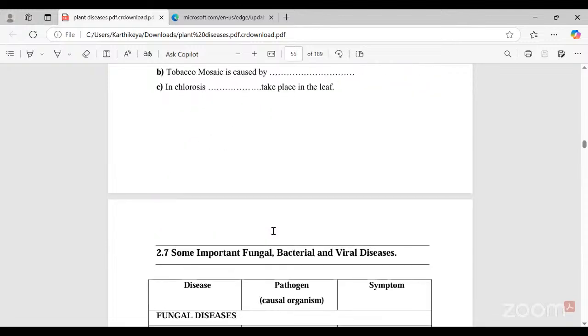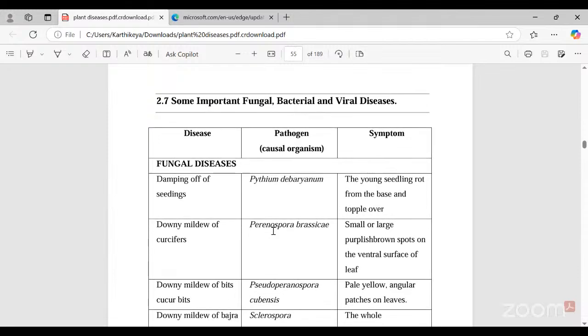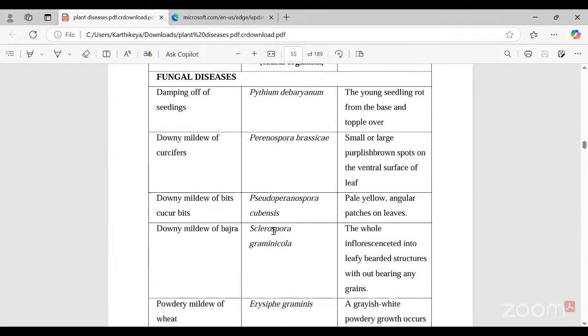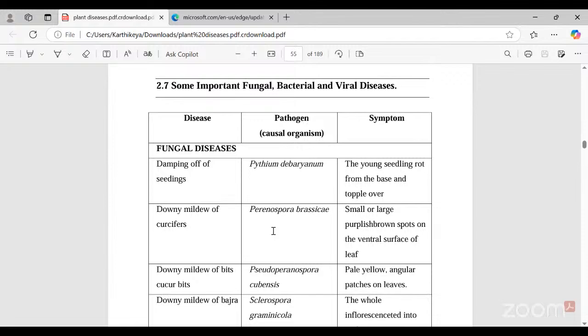These are the bacterial and viral diseases. Now some fungal diseases. Damping off of seedlings, Pythium debaryanum: the young seedlings rot at the base and topple over. Downy mildew of crucifers, Peronospora brassicae: small or large purple-brownish spots on the ventral surface of the leaf.